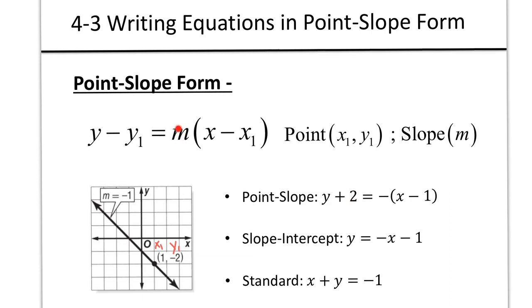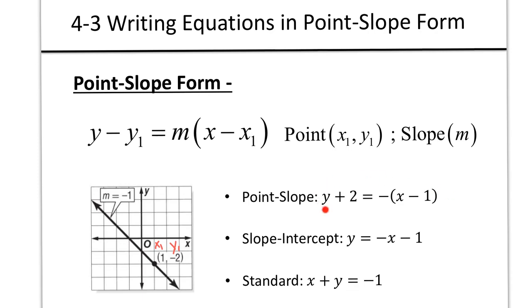Your variable m is the slope, and in this case the slope is -1. So I don't need that 1 next to the parentheses. It's an invisible 1, but I do need the negative. So here's the negative invisible 1, and inside of the parentheses we need the x1. So we have x minus x1, and x1 is positive, doesn't have a negative, so a negative times a positive will be a negative, -1.